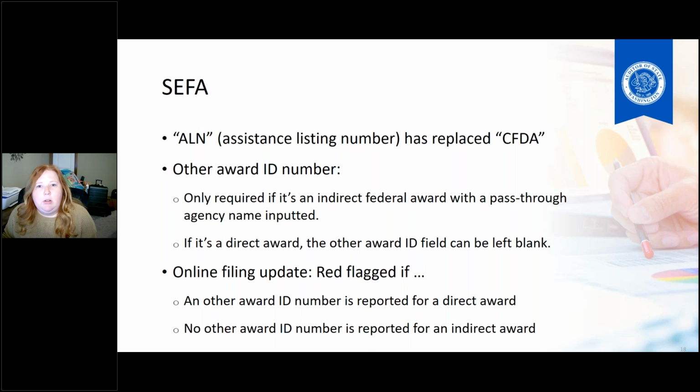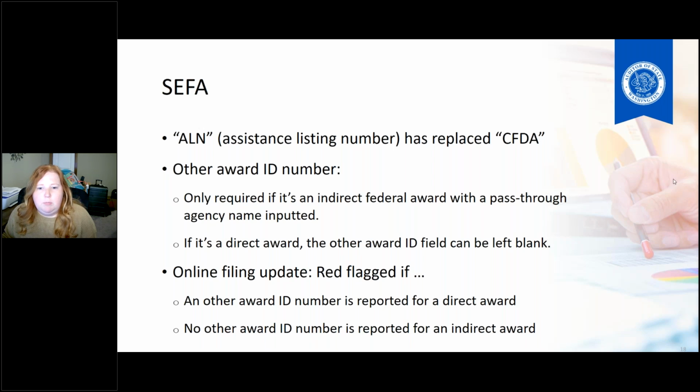And just a reminder on preparing the CFA, for direct awards, make sure that nothing is inputted into the pass-through agency field. Even if there is a like NA or none, or even just a couple of commas, if there's something in that field, it's going to recognize it as an indirect award. So if it's direct, make sure to leave that field blank.